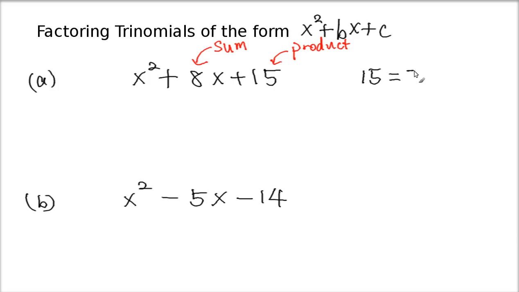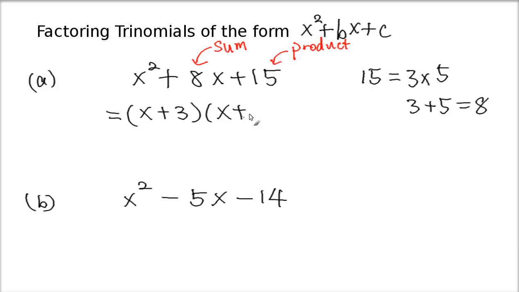So 15 is what? 3 times 5, right? And 3 plus 5 is 8. See, product 15, sum 8. So those are the numbers. Then the answer is x plus the first number 3 times parenthesis x plus the second number 5.